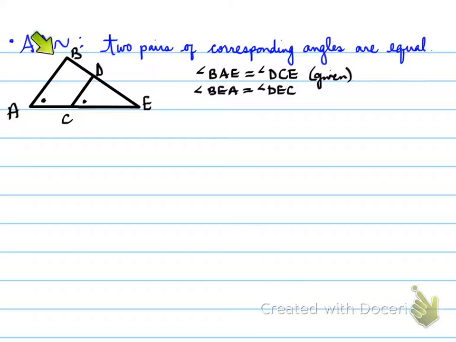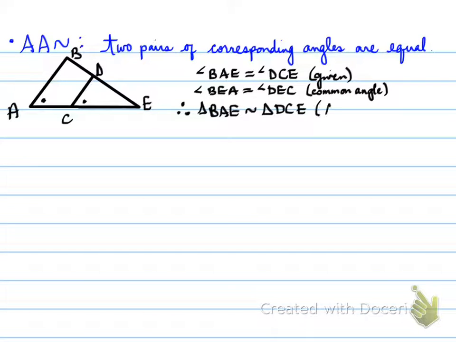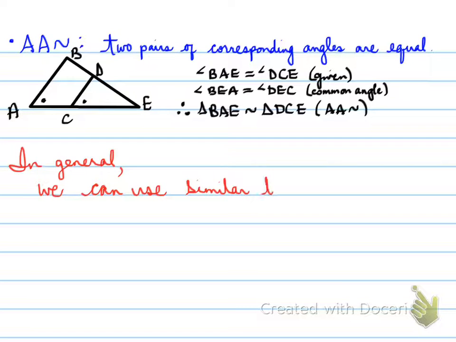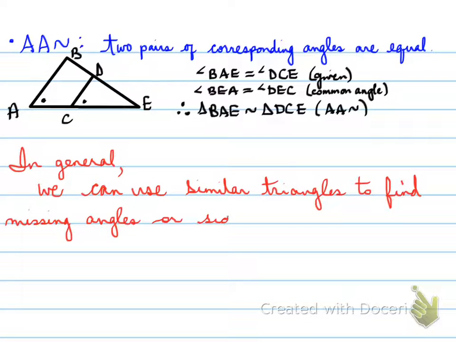BEA, DEC, that's the same angle. It's like two triangles on top of the same angle. And that's right, that means it's a common angle. Therefore, we can state that triangle BAE is similar to triangle DCE because of angle-angle similarity. Wonderful for us. Now, in general, we can use similar triangles to find missing angles or sides in different triangles.